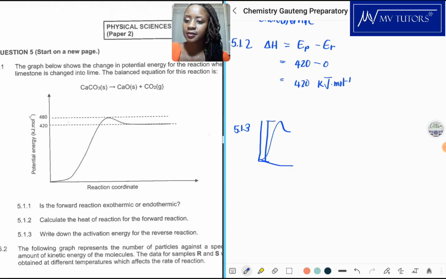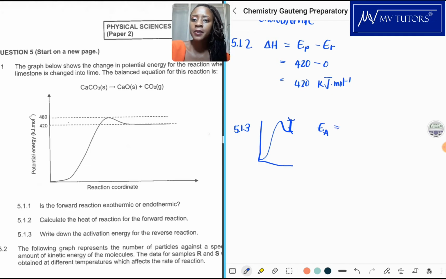But in our case, the activation energy for the reverse reaction then is just this portion. Okay, in the reverse reaction. So the reverse reaction will be exothermic because you only release a lot of energy once the product's formed. So this is the activation energy for the reverse reaction. So I'm going to say EA for activation energy.